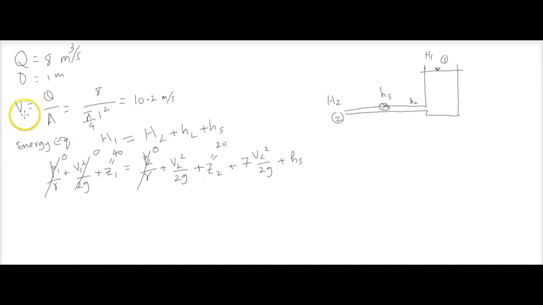And we already calculated the velocity through the pipe, which is actually V2. So we can now simplify this equation to find out what HS will be. So HS will be 40 minus 20, and then of course these two terms are to be added, so this will give us minus 8 times V2 squared over 2g.